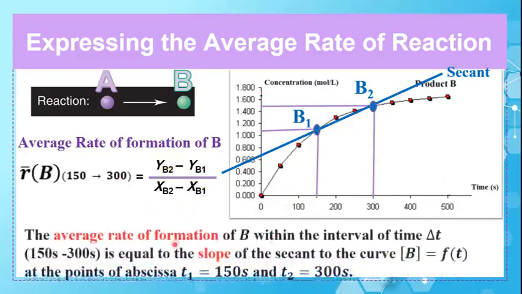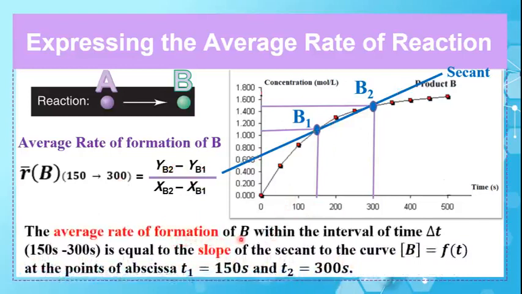So the average rate of formation of B, which is a product, within the interval of time delta t, is equal to the slope of the secant to the curve, concentration of B equal f of t, at the points of abscissa t1 and t2.